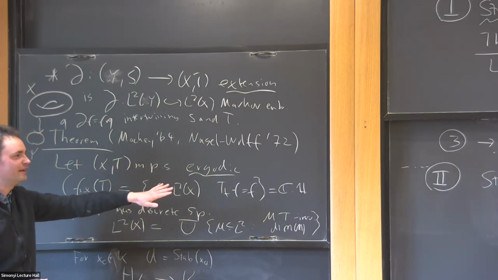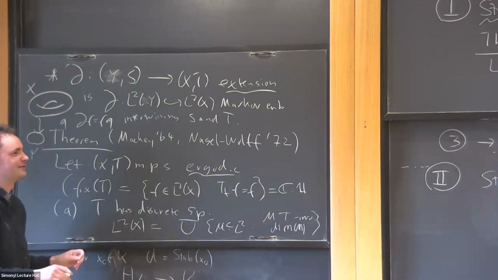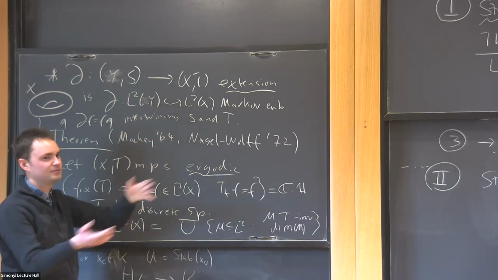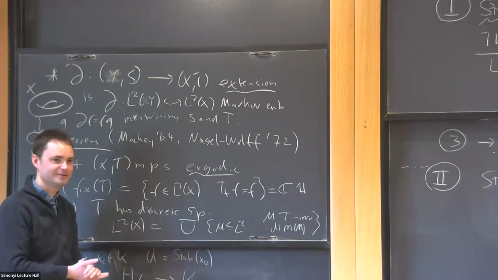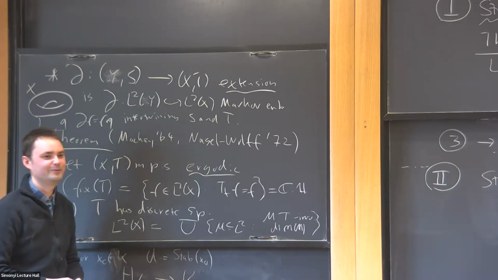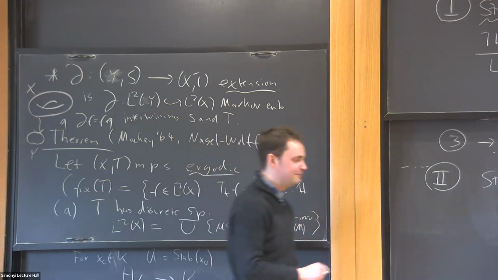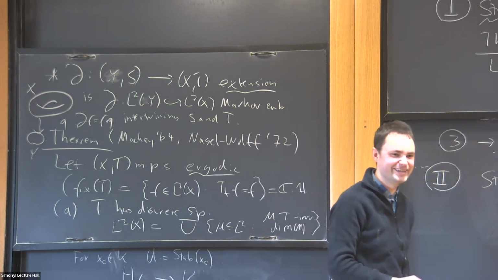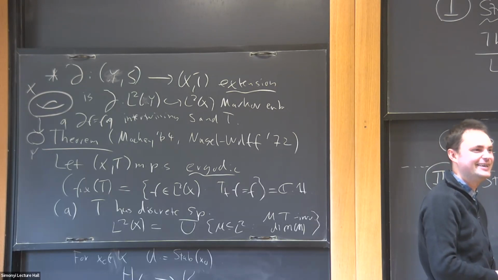In what I do now, everything will be a product, but I think it's not the case in general that every extension between measure preserving systems is given by a product. In the ergodic case, I think this is Rokhlin's theorem. I'm not sure, so I will just go on.